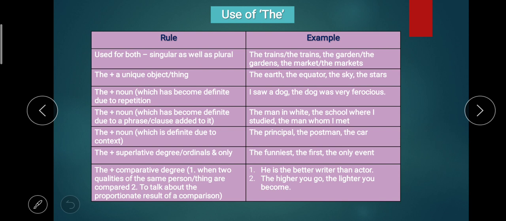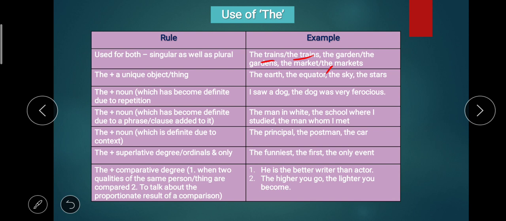Example: the train or the trains, the garden or the gardens, this market and these markets. Over here it should have been these markets.